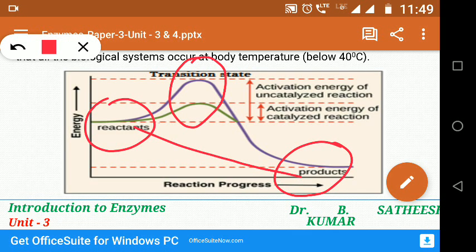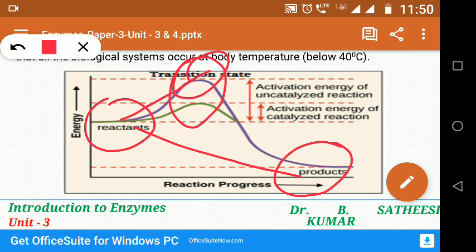In an uncatalyzed reaction, the energy required for the transition state is more. So that is why we have to provide a lot of energy to the reactants in order to reach the transition state. That is why we may require higher temperatures, higher pressures, or some extreme conditions.